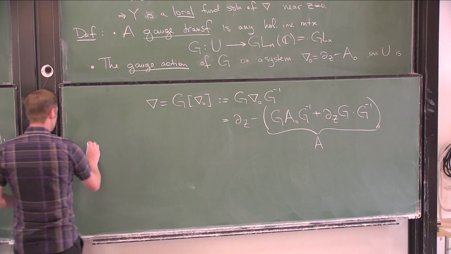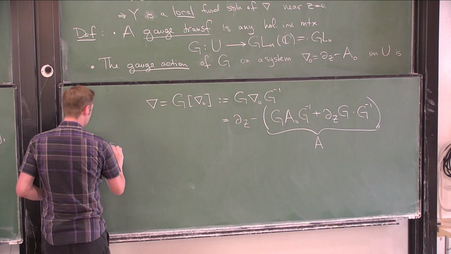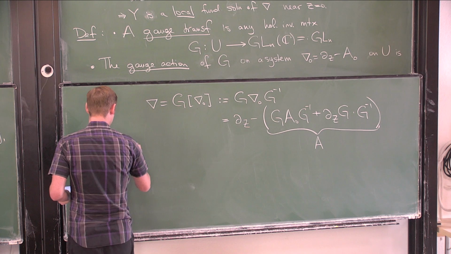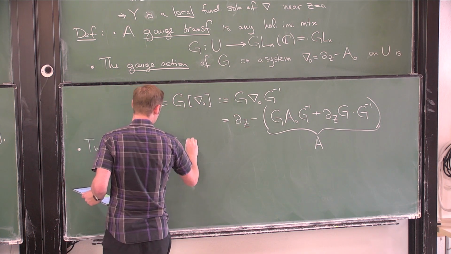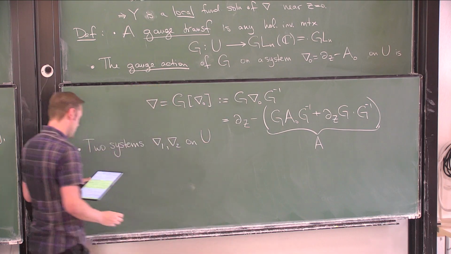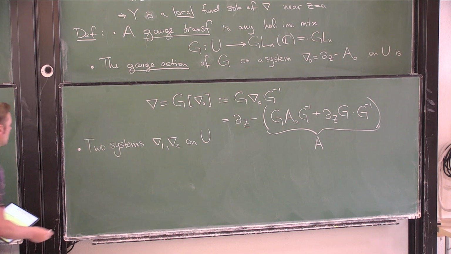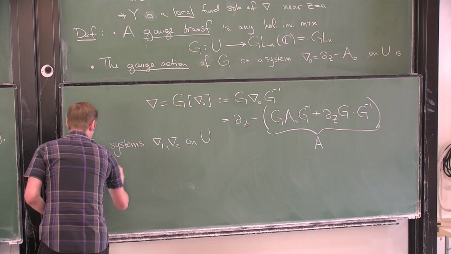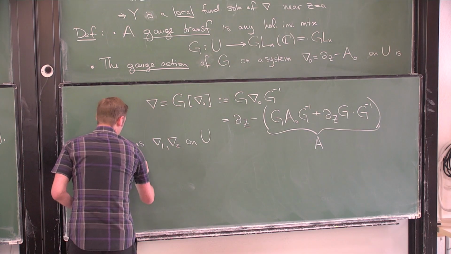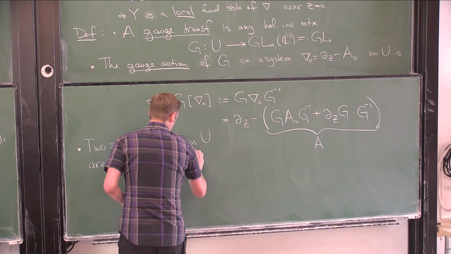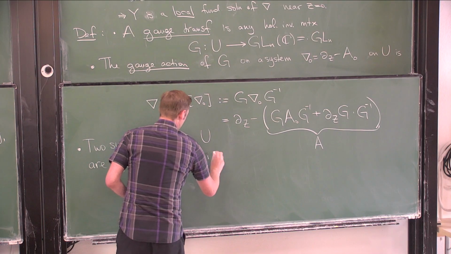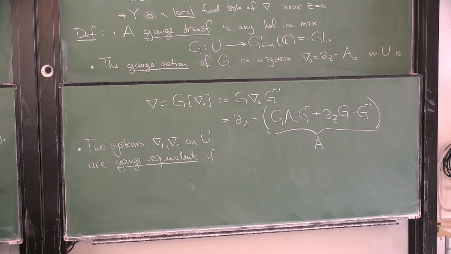And then I'll say that two systems, nabla 1 and nabla 2, defined on the same domain, are gauge equivalent if there is a gauge transformation which takes one to the other.